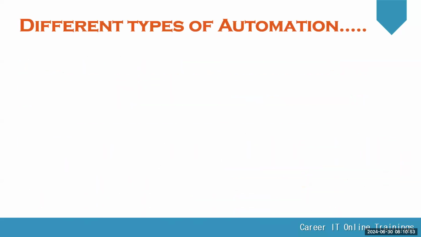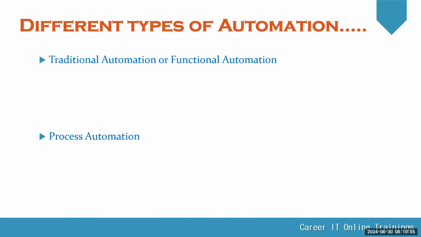But in the market, you may hear about different types of automation. Two popular terms these days are functional automation and process automation. What is meant by these two things?